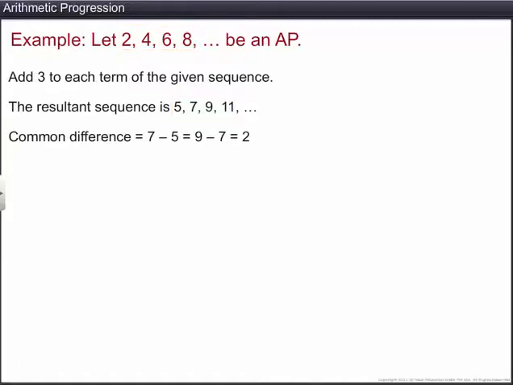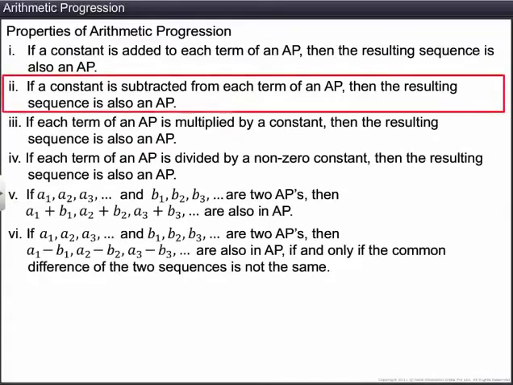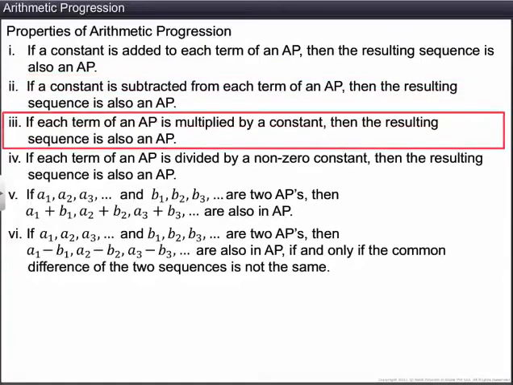Similarly, if a constant is subtracted from each term of an AP, the resulting sequence is also an AP. Next, if each term of an arithmetic progression is multiplied by a constant, then the resulting sequence is also an arithmetic progression.